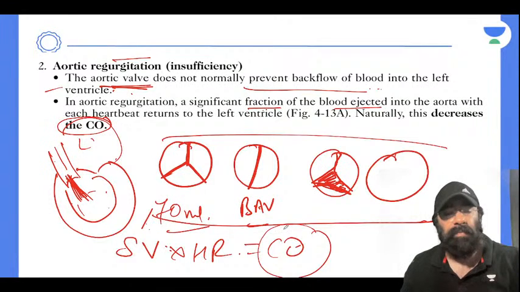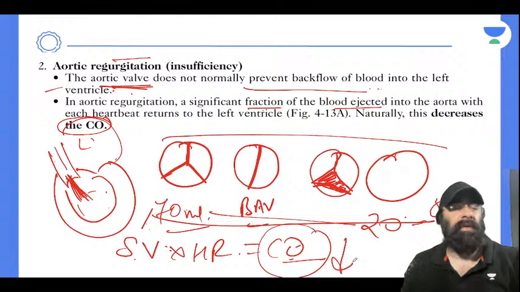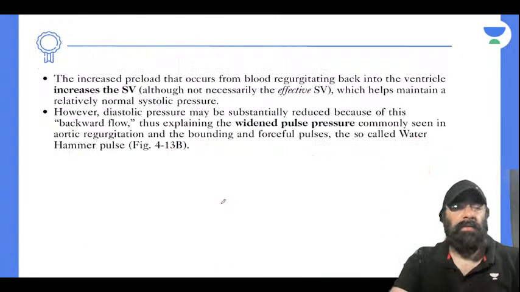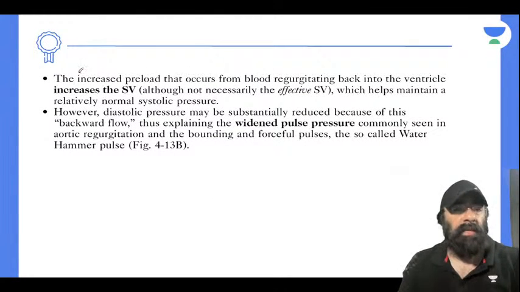In that case, what will happen, there will be some blood leakage back. So out of 70 ml, say 20 ml leaks back, so only 50 ml is there, so ultimately cardiac output will decrease. Okay, this is what it is. And because of this, what will happen? There will be an increase in preload.